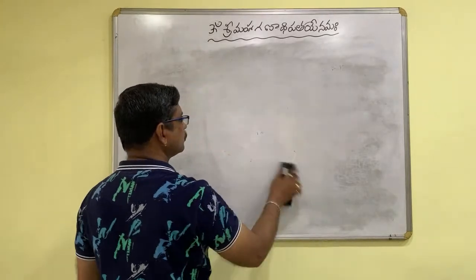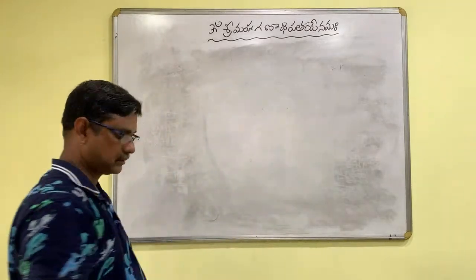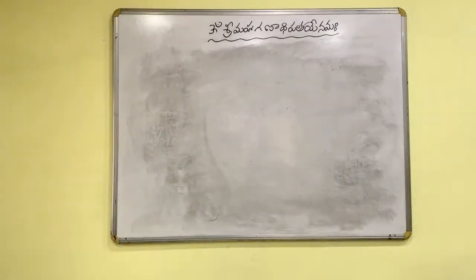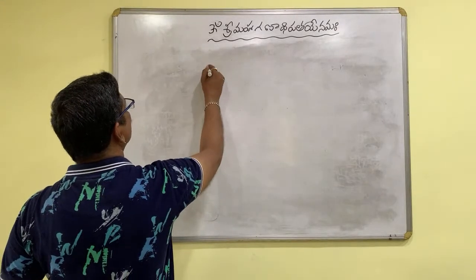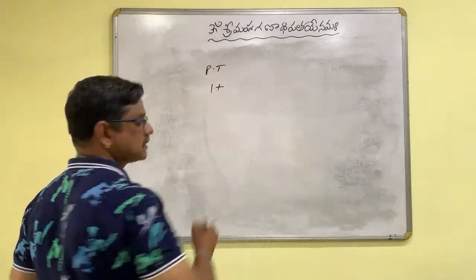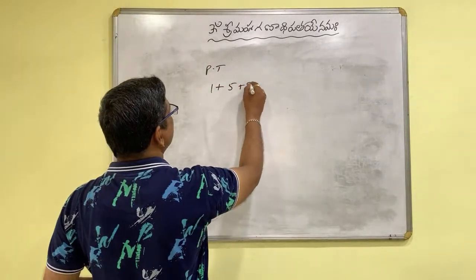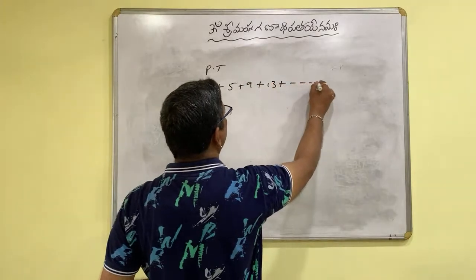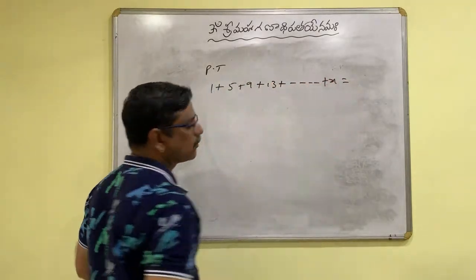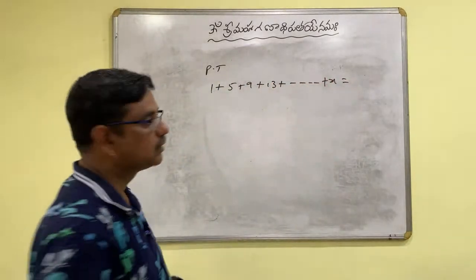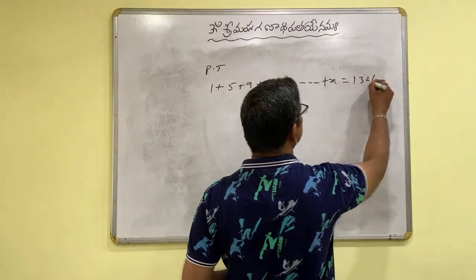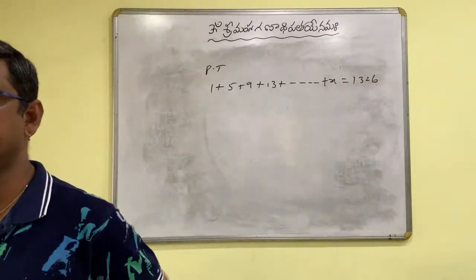ఇక్కడ ఒక ప్రాబ్లం ఇస్తా చూడండి. Prove that 1 plus 5 plus 9 plus 13 plus so on plus x is equal to 1326. This is given.